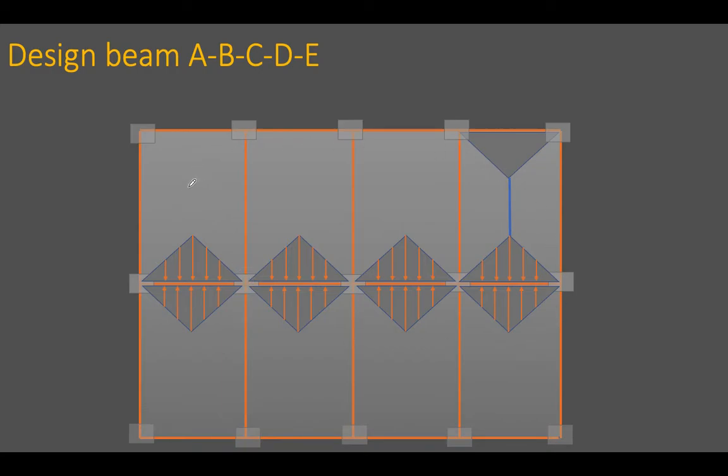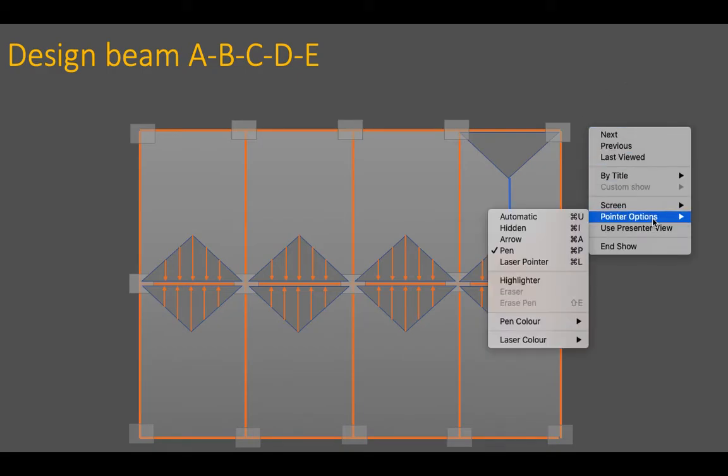So here in this case what we observe is 1, 2, 3, 4, 5, 6, 7, 8 slab panels. This is a plan over here.